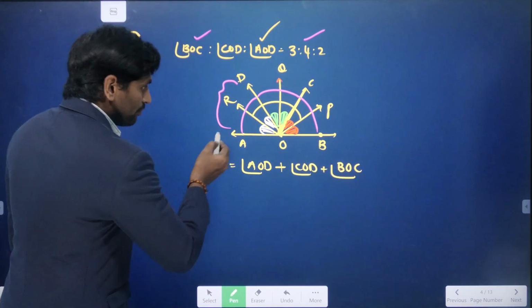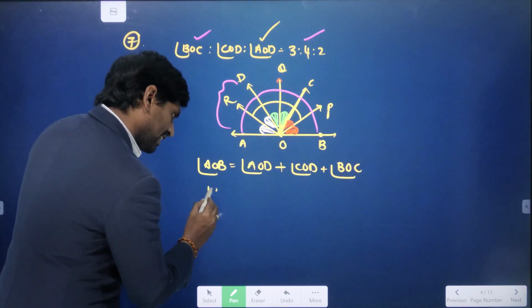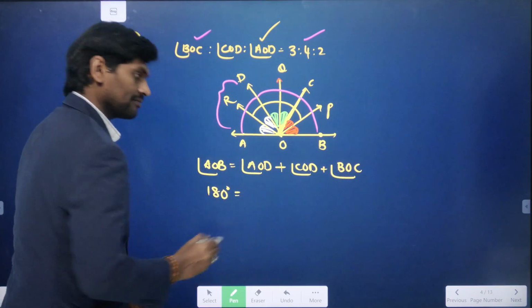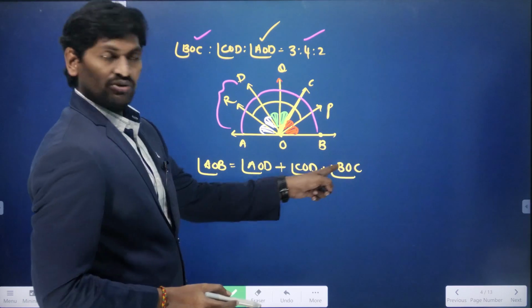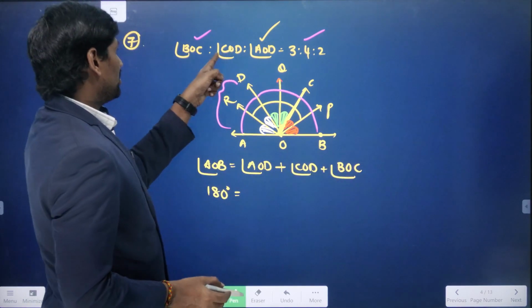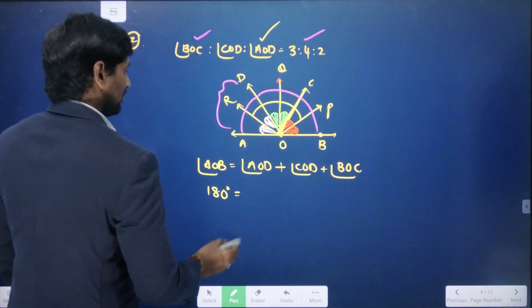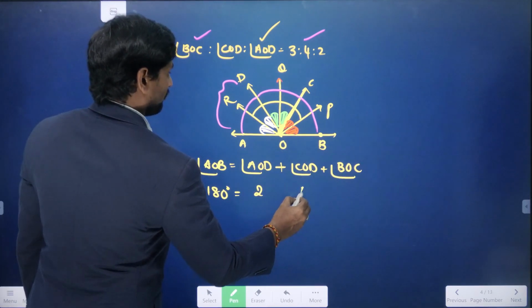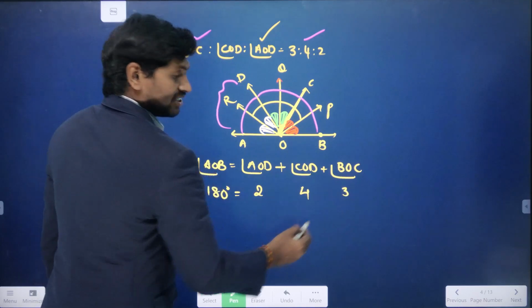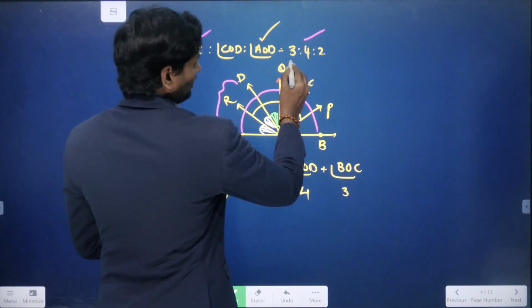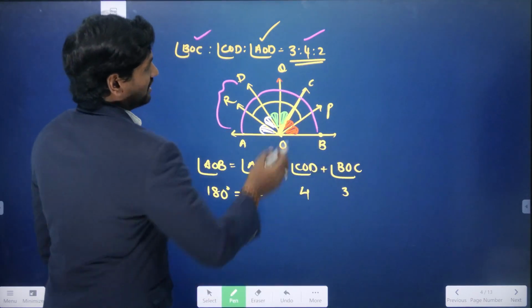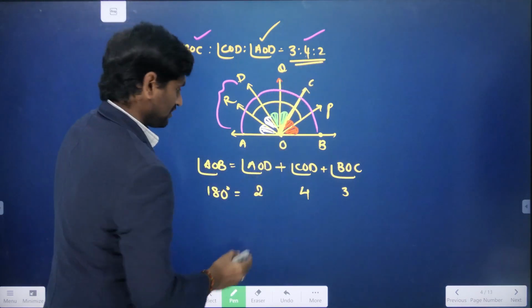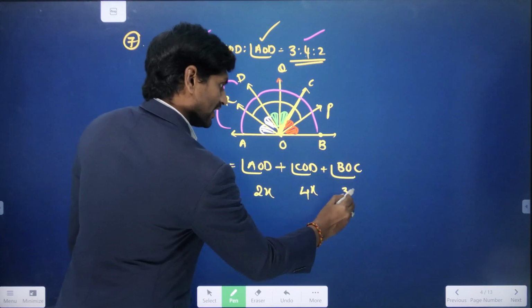We know that AOB is a straight line, which gives an angle of 180 degrees. AOD, COD and BOC are in the ratio AOD is 2, COD is 4 and BOC is 3. Whenever it is given in ratio form, we can consider 2x, 4x, 3x.